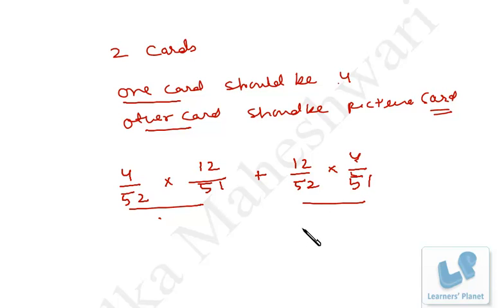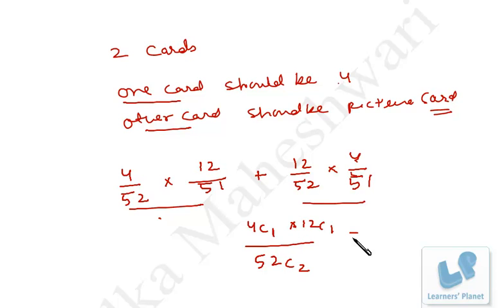Precisely, in short, we can do this calculation by drawing 2 cards out of 52 cards, so the combinations will be 52C2, and one card will be this 4 and the other card will be a picture card. So in this case, both the incidents have come. Getting my point?